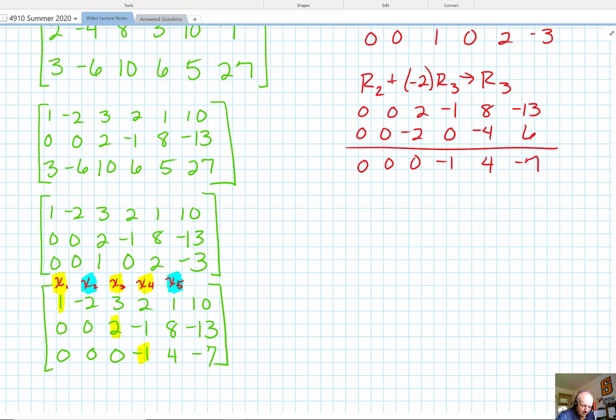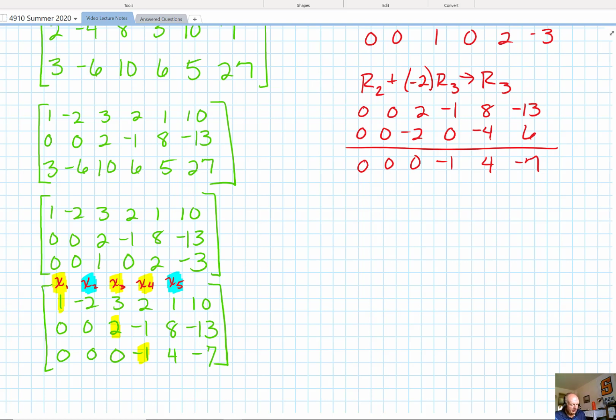Okay, free variables. So this is what happens if you ever put your matrix in echelon form and you have any free variables: you know that this system has an infinite number of solutions. So what we need to do is come up with a formula for the solutions.